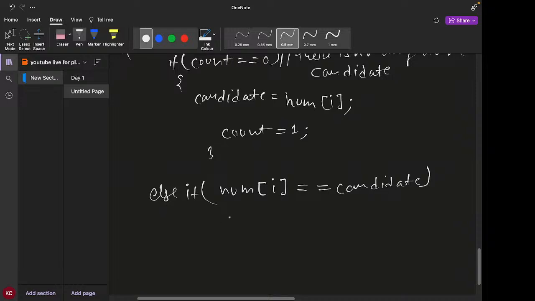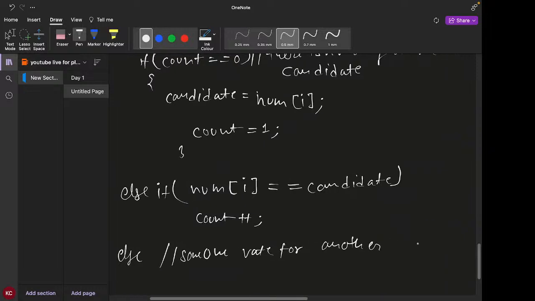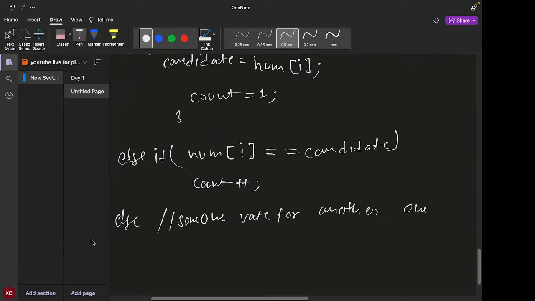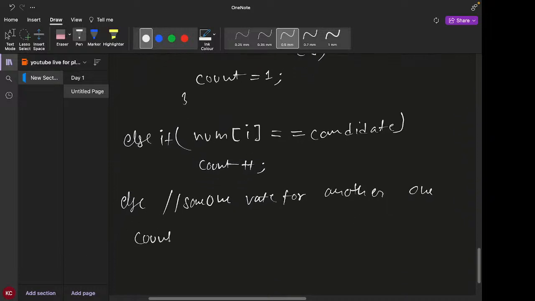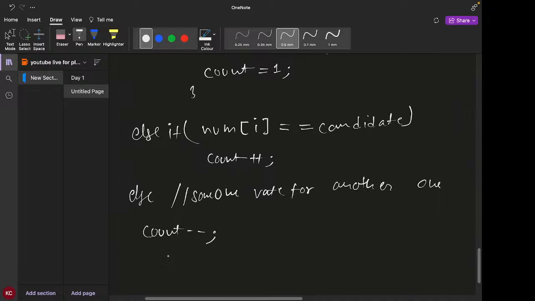His vote will be increased, count plus plus. Else someone votes for another one, then count will decrease, count minus minus.